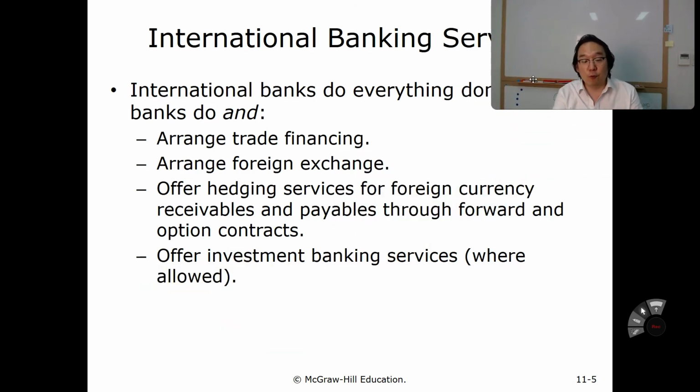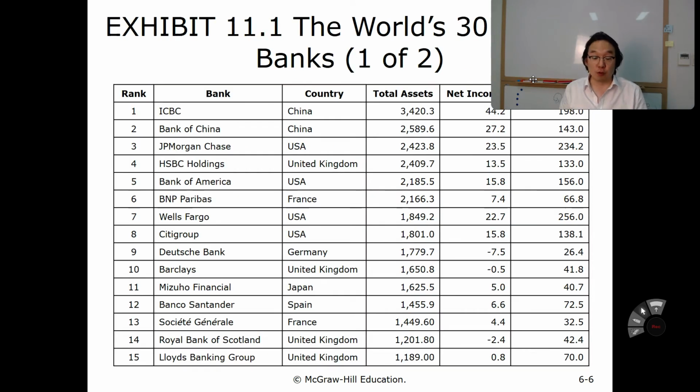And arrange foreign exchange, and offer hedging services for foreign currency receivables and payables through forward and option contracts. They offer investment banking services, cross-border M&As, and then IPOs in foreign capital markets, or bond issuing in foreign capital markets. All these kind of things they do, right?